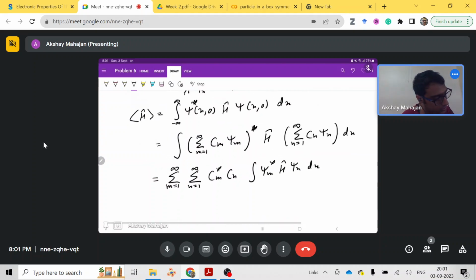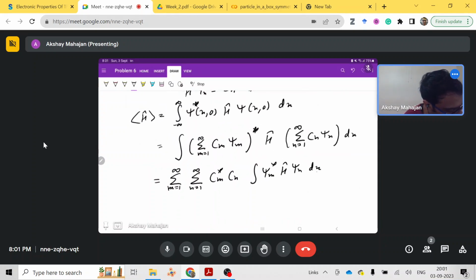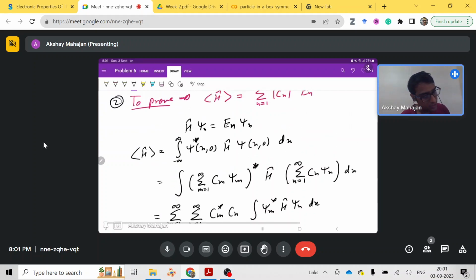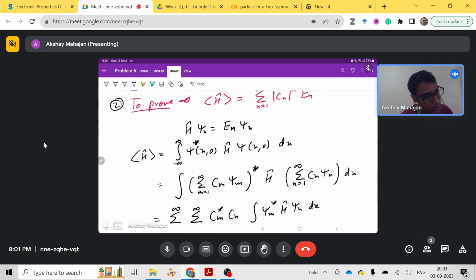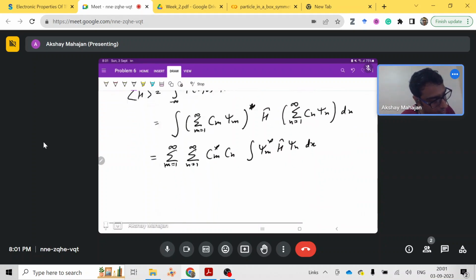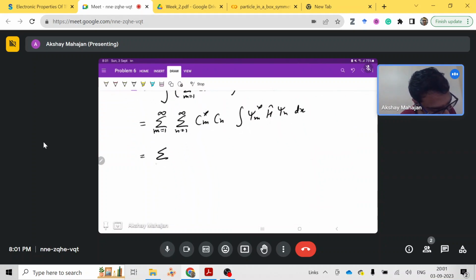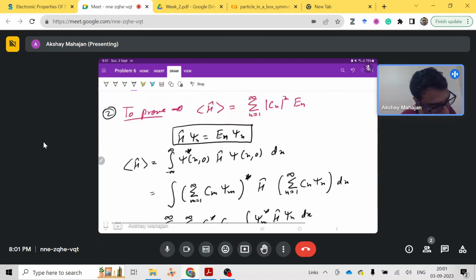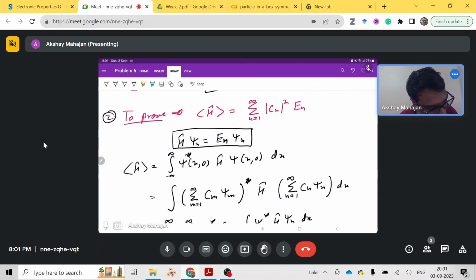Now we know that h cap acting on psi n will give us En times psi n. So we have summation of m equal 1 to infinity, summation of n equal 1 to infinity cm star cn times the integration of psi m star En psi n dx. Using this we can get this.